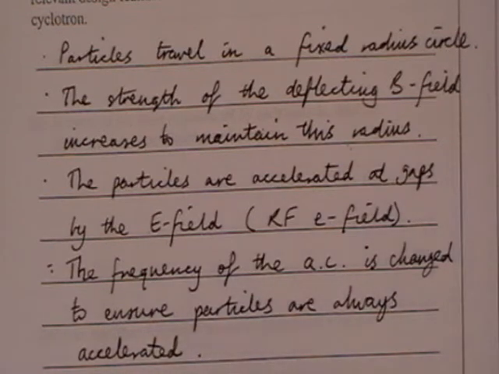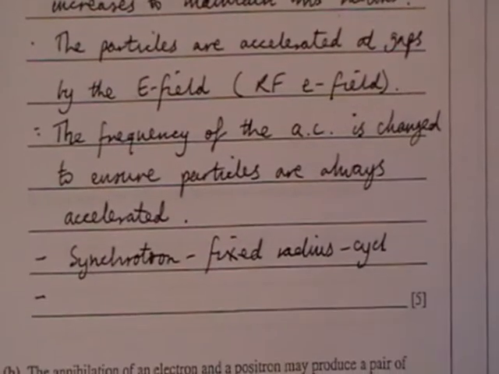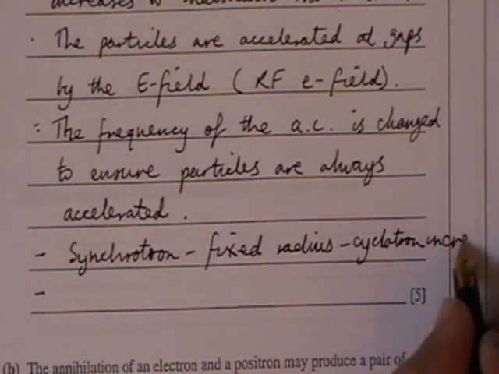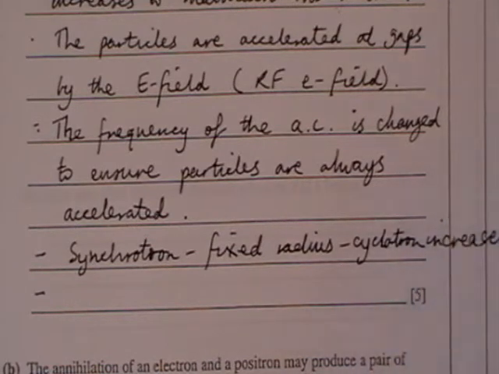Okay, then the difference between the two is in the synchrotron we have a fixed radius. The cyclotron, it increases. Don't leave you a lot of room to answer these questions, but I suppose you have to make the best of it.